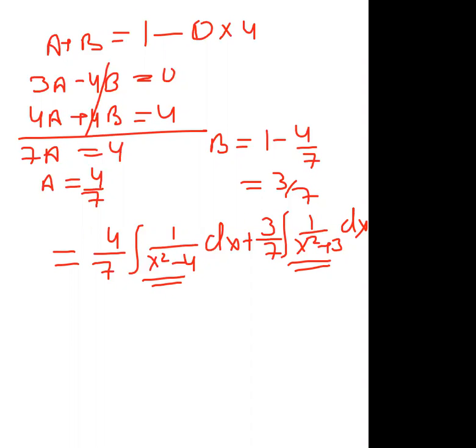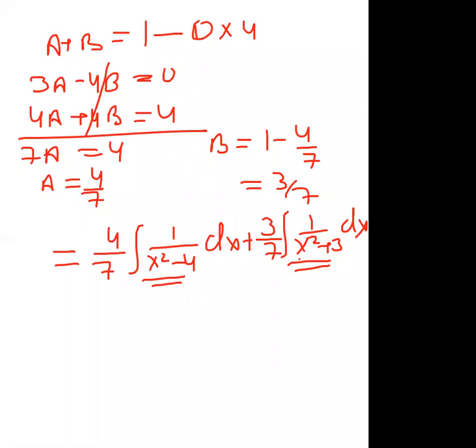I suppose you remember these two identities. The other day I taught you the identity for 1 upon x square minus a square, and also for 1 upon x square plus a square.